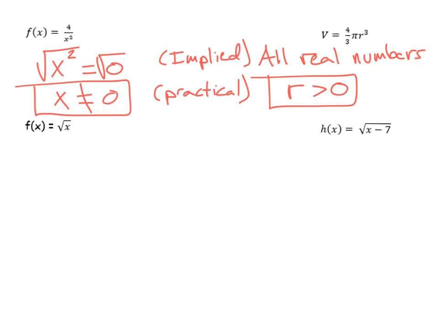All right, last two, we get into the second major operation besides division, all those rational functions we saw with division that can restrict our domain, and that's the square root, okay? Typically speaking, you've got to make sure what's underneath your square root is at least 0 or bigger, right?